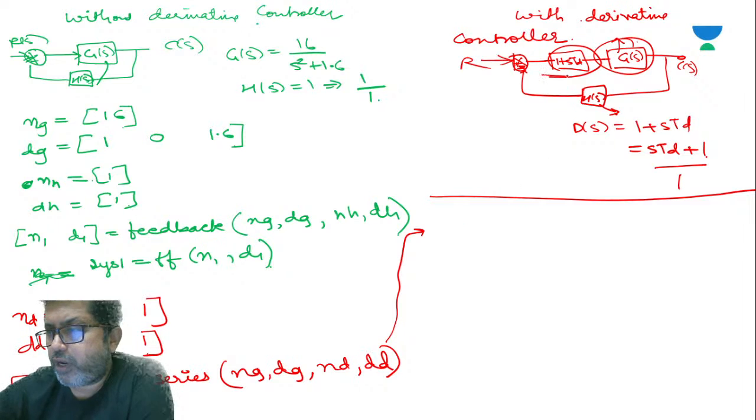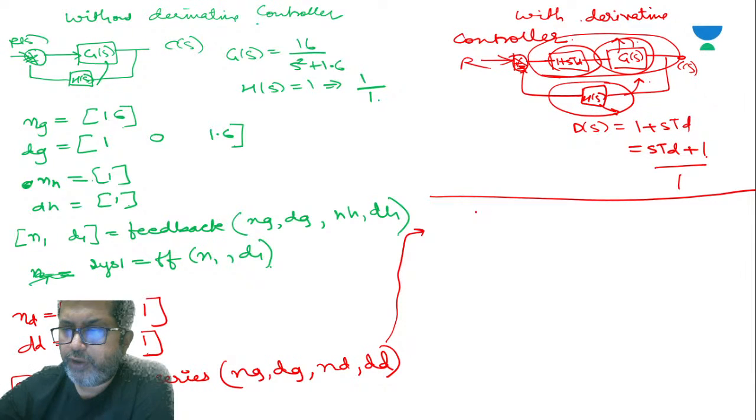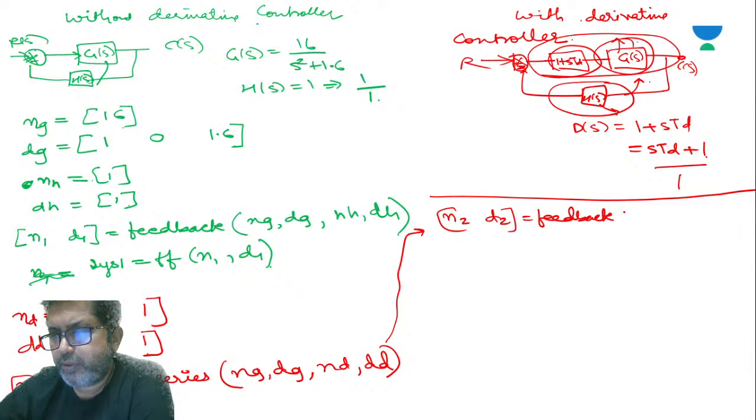After these two are in series, this is in feedback. So I will say N2 with derivative controller D2 is equal to feedback of this series combination and H(s). The series combination is NF comma DF, and for H(s) NH comma DH.